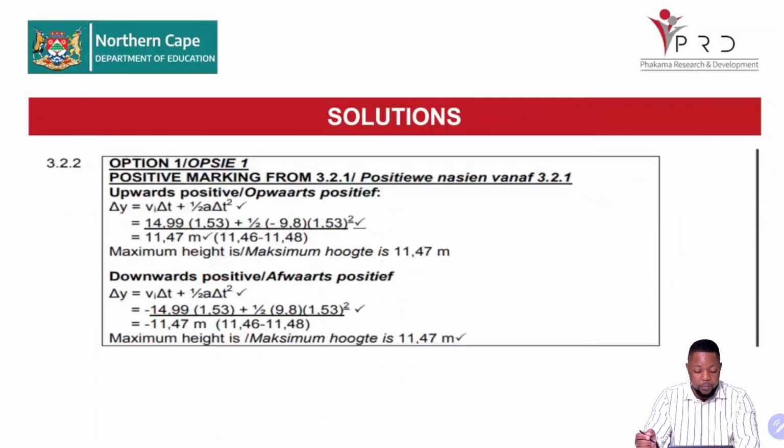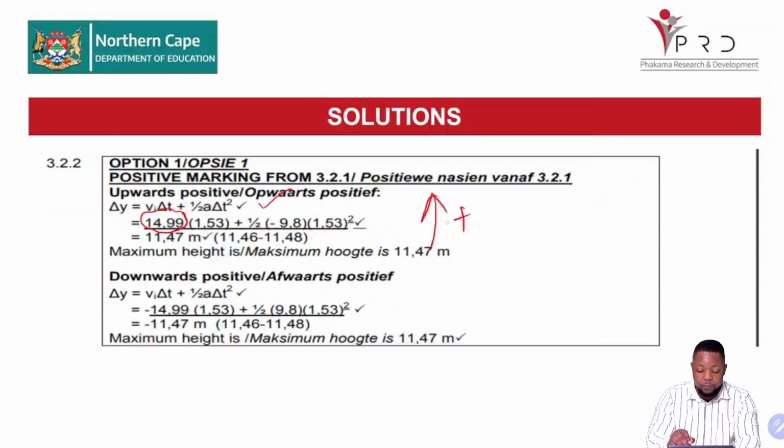Then we go to 3.2.2. Here, 1 mark will be awarded for the formula. But pay attention now to the initial velocity. Initial velocity is positive, so that means upwards is taken as positive, and the g is negative.